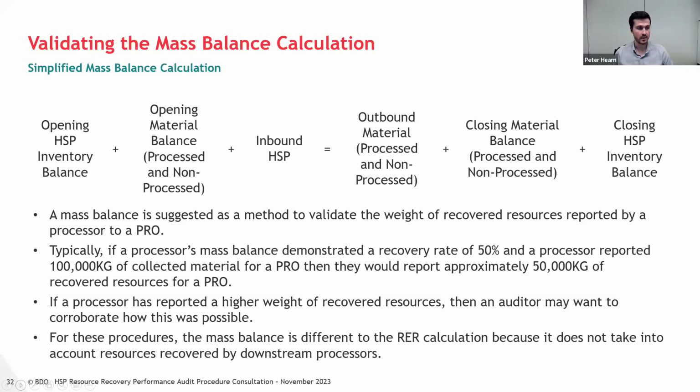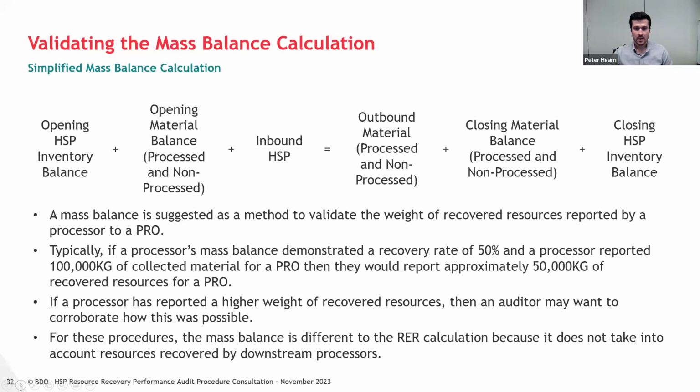For example, if the feedstock that a PRO is providing to a processor is of a higher grade than the average feedstock, then they may be able to achieve a higher recovery rate. And it would be down to the specific auditor to determine whether that explanation was sufficient and whether further procedures needed to be applied to validate the difference between the average and what was reported.